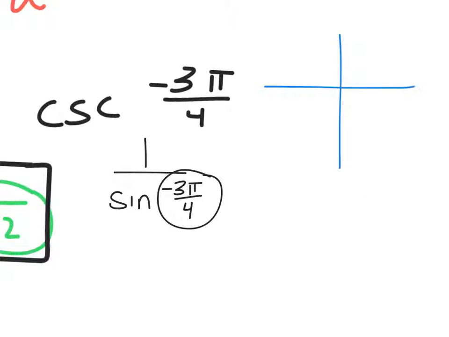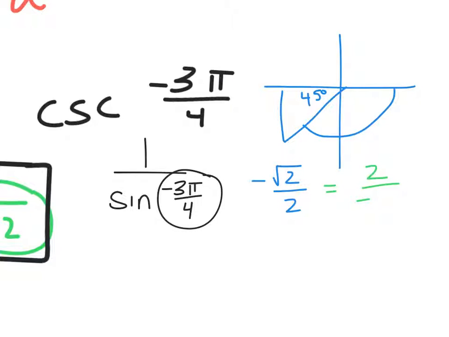On the unit circle, negative 135 is going to be right here. It's going to create a 45 degree angle. So the sine is negative root 2 over 2. If I flip it over, it's going to be 2 over negative root 2. But then you have to rationalize it. So this is going to end up being root 2 again, but it's going to be a negative.